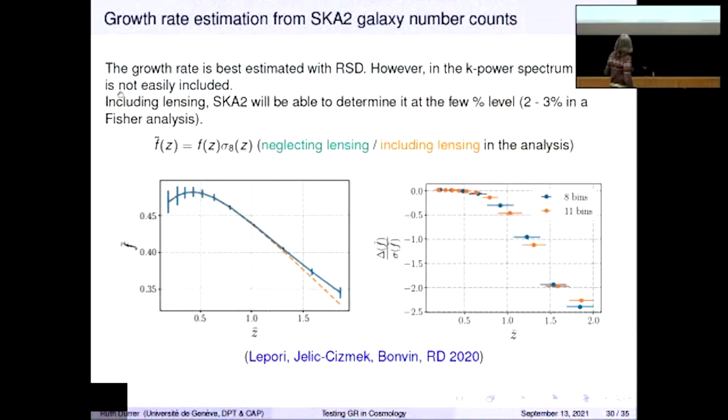This is the true growth rate, and that's the one which you would have neglecting lensing, and these are the errors here, including shot noise and cosmic variance. And you see that this growth rate at higher redshift, you get it wrong, and you think, wow, we have measured deviations from general relativity, but actually you just haven't included a term which is important in this computation.